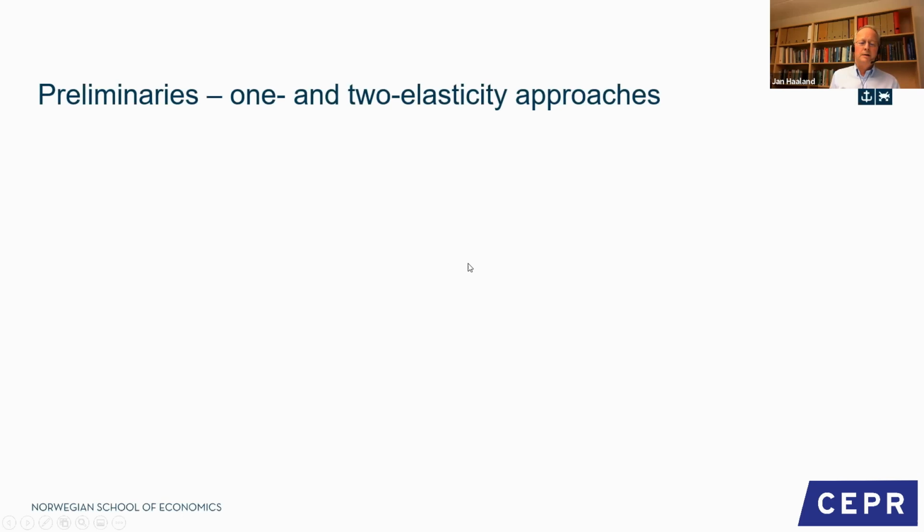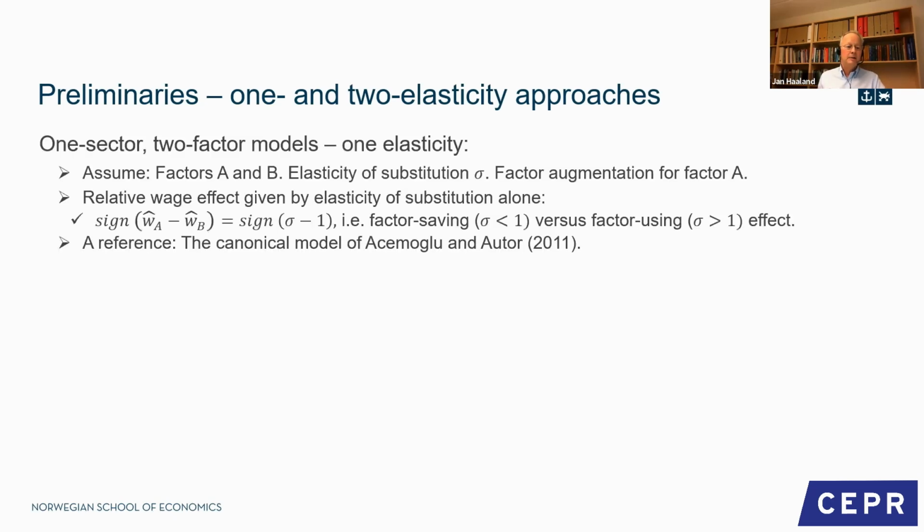There's quite often in the literature either a one or a two elasticity relationship linking technology and labor market conditions, wages, or employment. Let me just give two very brief examples. If we look at one sector models with two factors, for example, then there's only one elasticity which is important, which is the elasticity of substitution between the two factors.